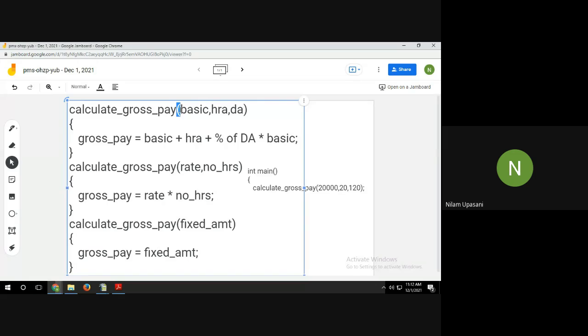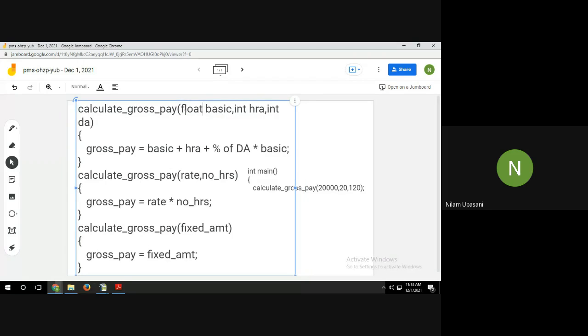The first one. See here, we need to mention the data type also, whether int, float, whatever is there. You are all aware of it; I'm saying that just to understand the concept. Basic generally is a float, so we'll call it float.